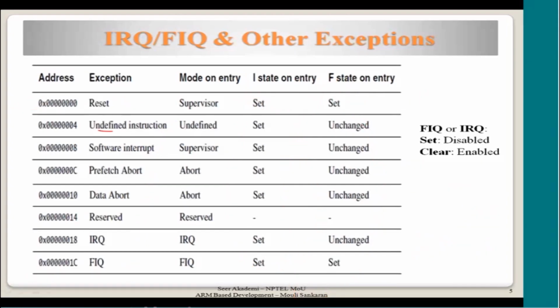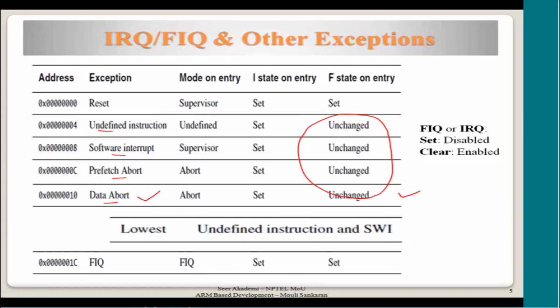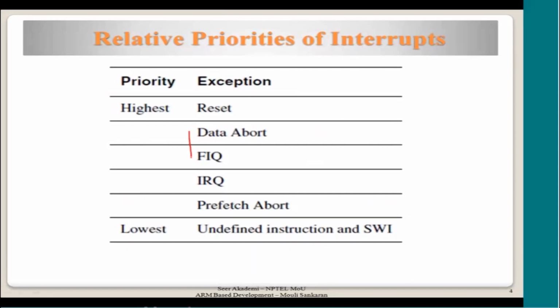When undefined instruction or software interrupt or prefetch abort or data aborts are happening, FIQ is always given high priority. Now you wonder, even during the data abort execution, FIQ is enabled. So if you recall the priority, data abort was above this and FIQ was below this. Please see the sequence.